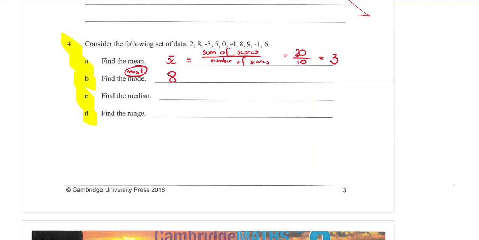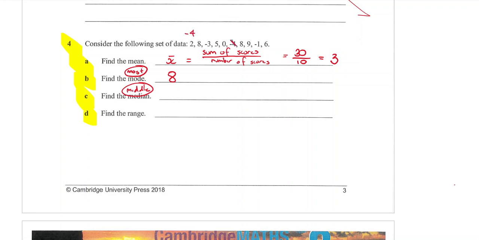Part C, find the median. What is the definition of median? Median is the middle, good. But before you can find the middle, there's something else that you have to remember to check first. What is it? The numbers have to be in order. These ones are not. So go through and write in order. The smallest number is -4.